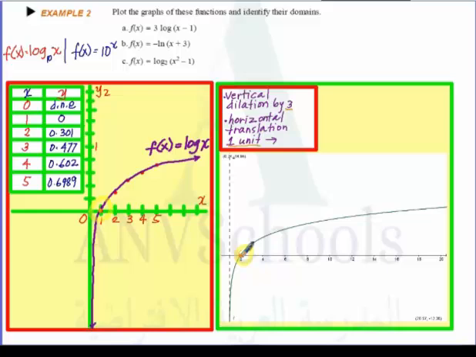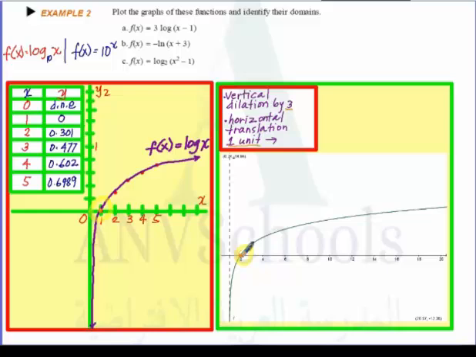Okay, so that means that the function itself could just be taken from the parent function, because parent functions are more ideally graphed without the use of any calculator. So without the aid of a calculator or going through complex terms in logarithm, like in this case we got 3 log x minus 1, we could just rely on our parent function, and from there we could do the translations or transformations.